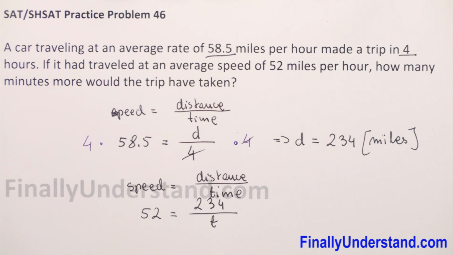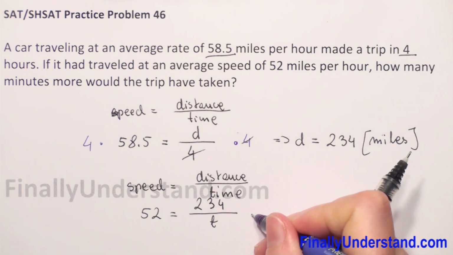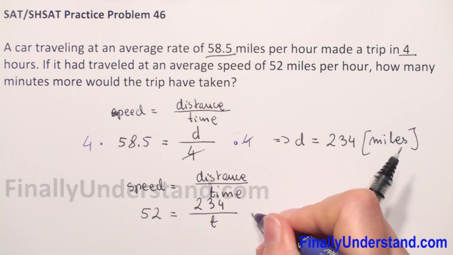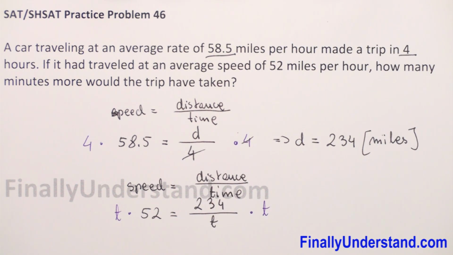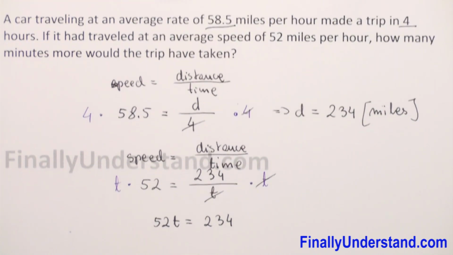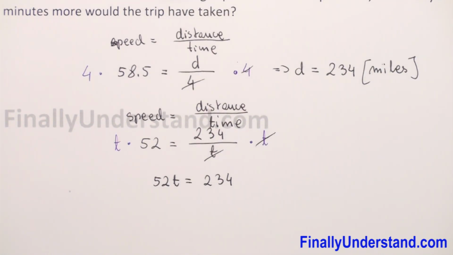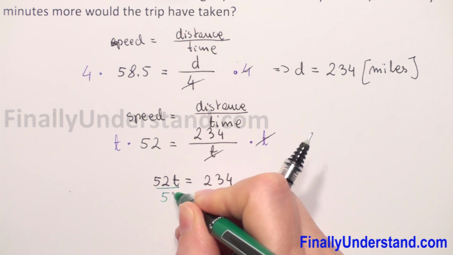So now first we will multiply both sides by t, because we need to find t, and t is in the denominator. So t and t will reduce and we have that 52t is equal to 234. Now we will divide both sides by 52.